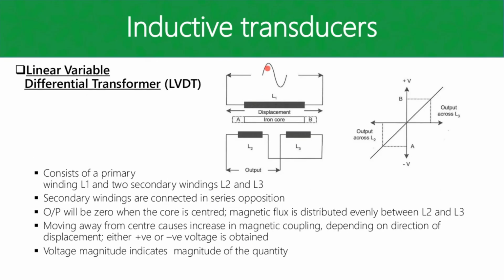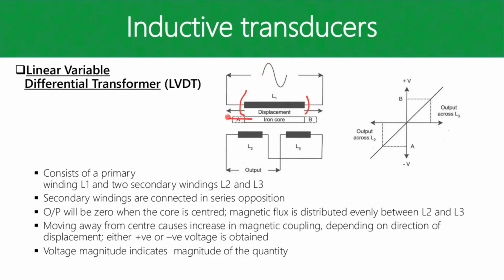Now, one of the more common applications of an inductive transducer would be the linear variable differential transformer, or LVDT. Essentially what you have here is a primary winding that's excited using an AC waveform.